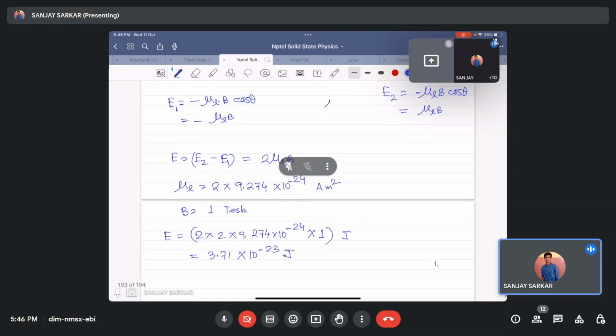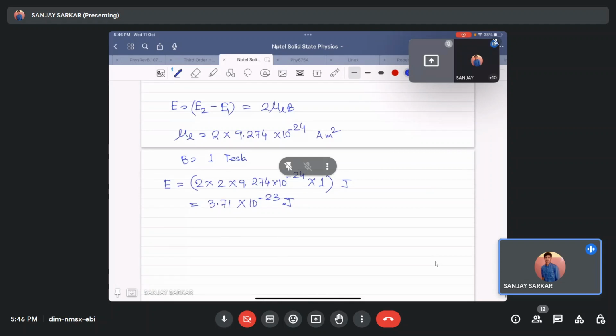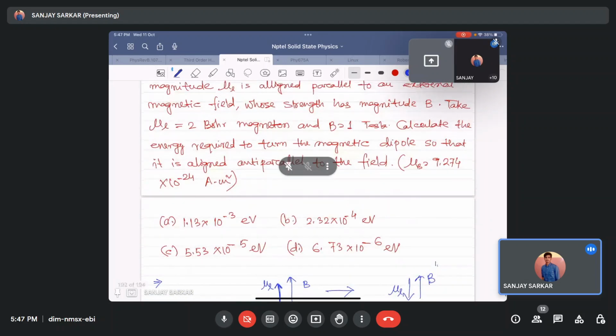Now the options are given in electron volt, so you need to transform this answer to electron volt. So when you divide it by 1.6 into 10 to the power minus 19, it will be in electron volt. So 3.71 divided by 1.6 is 2.32 into 10 to the power minus 4 electron volt. So this is the energy required to make it anti-parallel to the field.